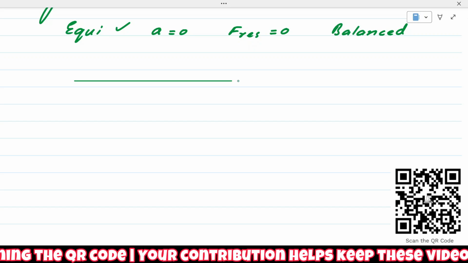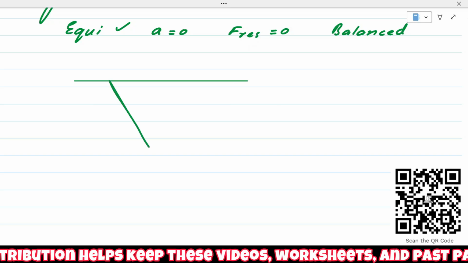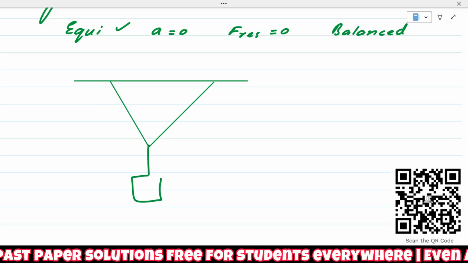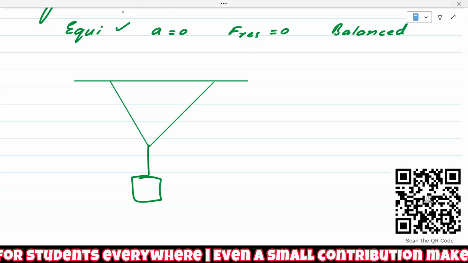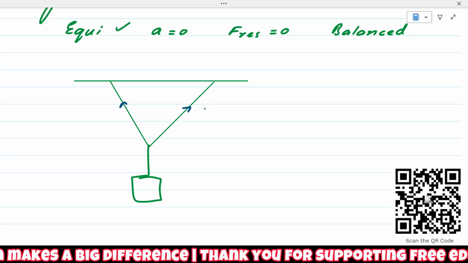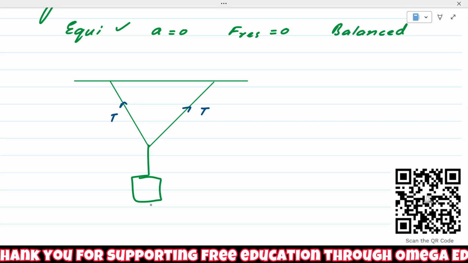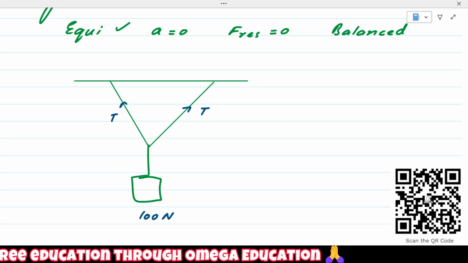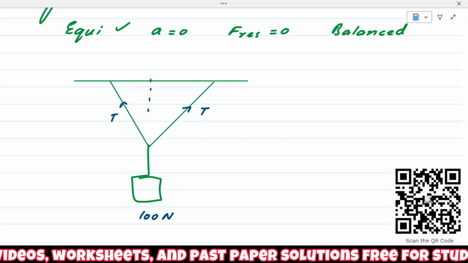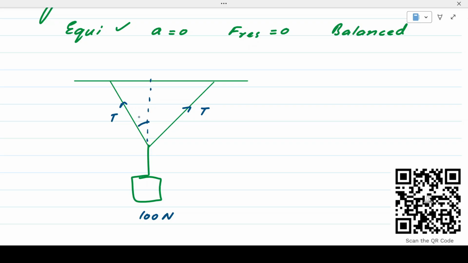So for example, you have a situation like this. Weight is given as 100 Newton, and the angle of the two tensions is the same, 30 degrees.